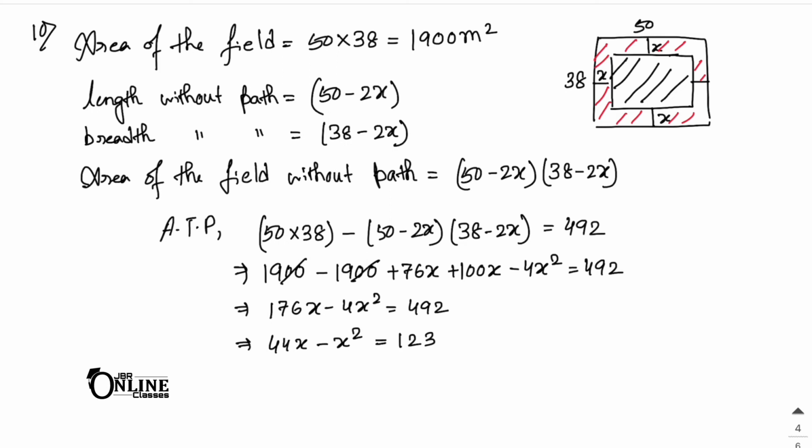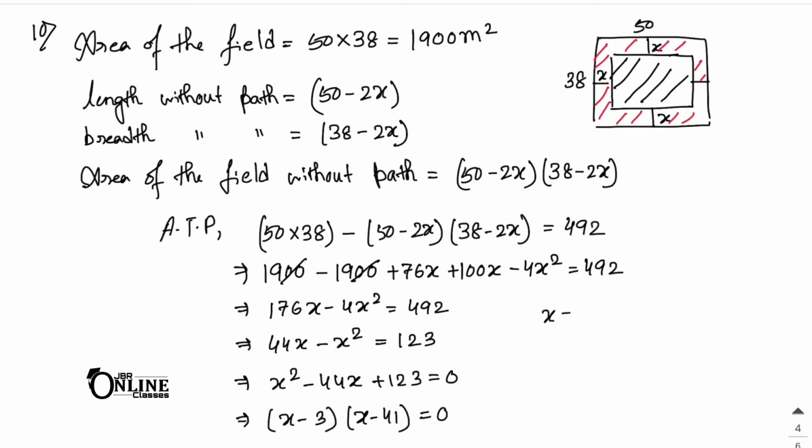Okay, so now the given quadratic equation is x square minus 44x plus 123 equals 0. From this quadratic equation, you will get x minus 3 and x minus 41 by the middle term factorization method. Okay, so from that x equals 3, and the next one x equals 41.